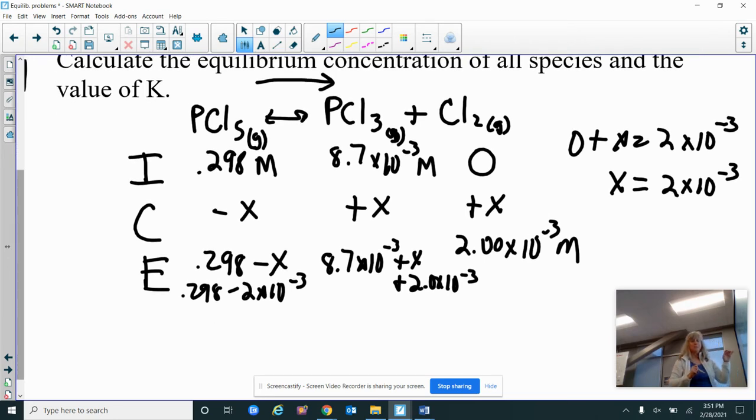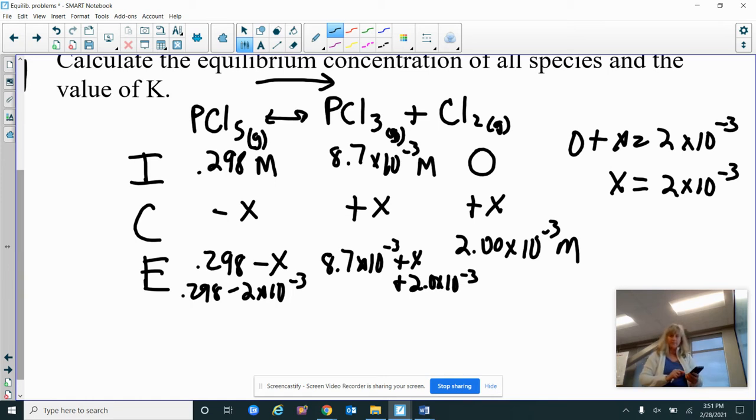Okay, so in this one, we were able to solve for X. The change in the amount of Cl2 was the equilibrium concentration of Cl2 since we started with 0 of it. All of that had to be the change if that's what the concentration was at equilibrium. All right, so then on our calculator, 0.298 minus 2 times 10 to the minus third is 0.296.